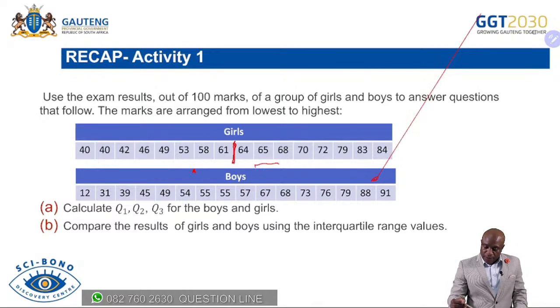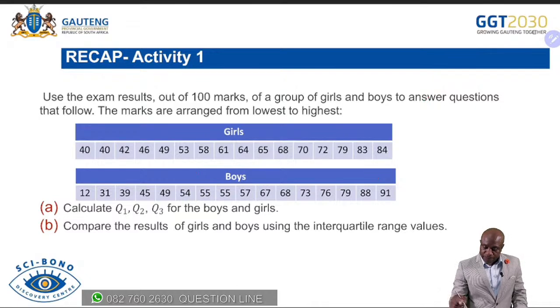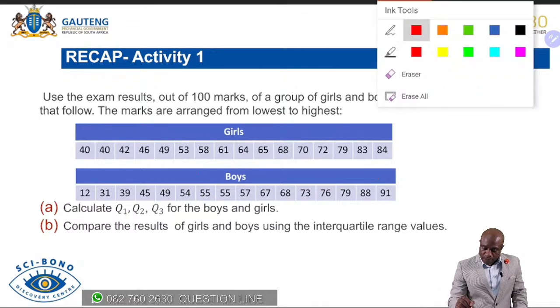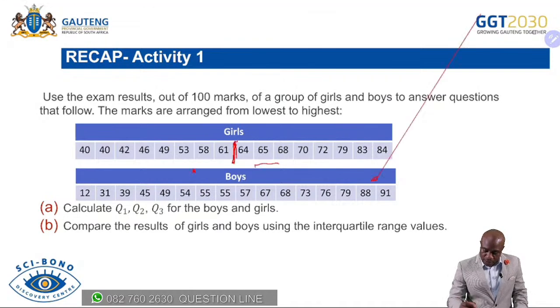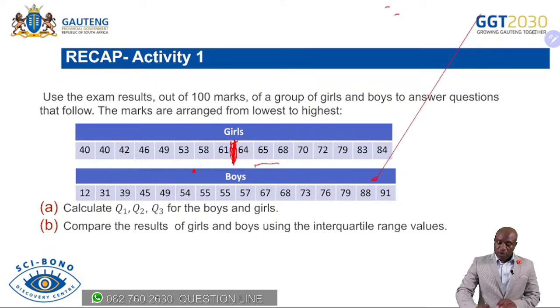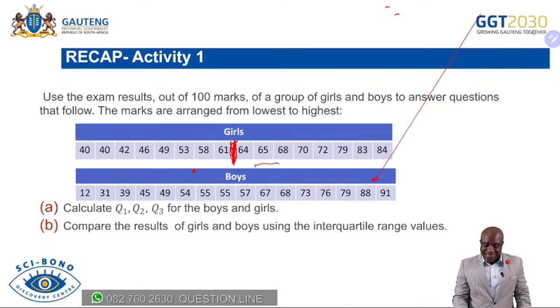Yes, the middle value is there. So the middle value will be between 61 and 64 for the girls.